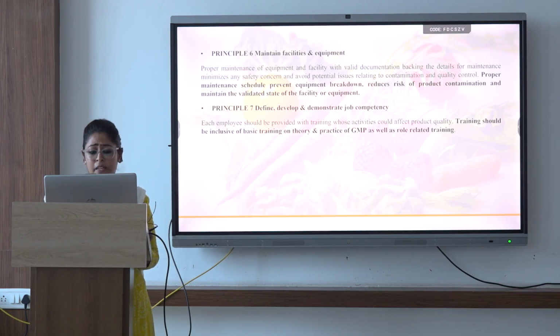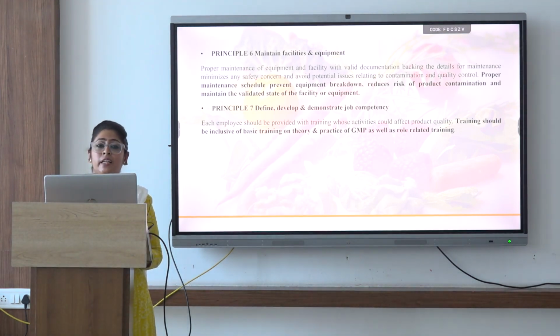So training should be inclusive of basic training on theory and practice of GMP. So all the employees involved in the manufacturing process should be well aware of all the good manufacturing practices, including the principles we are discussing right now. So this is about a principle 7 about the manpower, where you need to define, develop and demonstrate job competency of the employees.